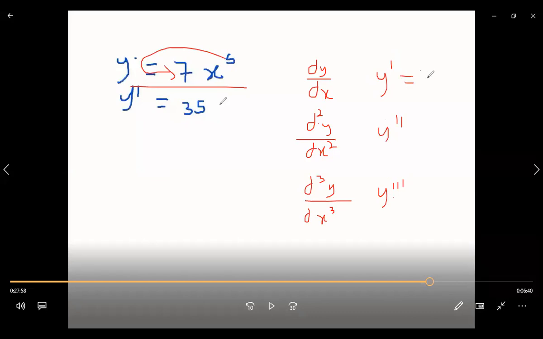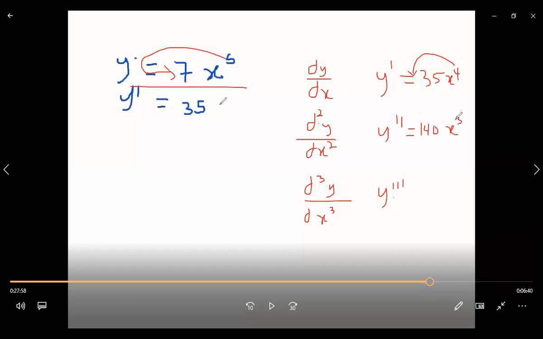So we get 35x raised to the power 4. For the second derivative, the 4 will also come and multiply, which will give us 140x raised to the power 3.